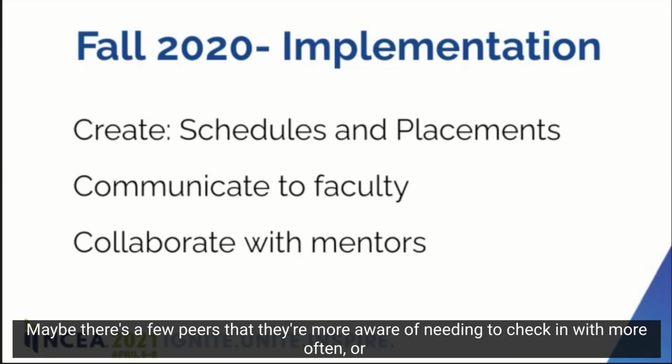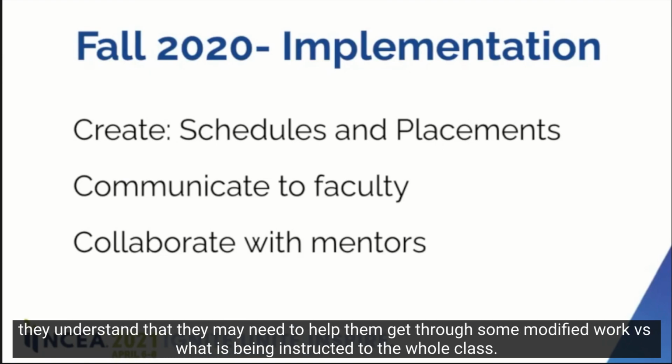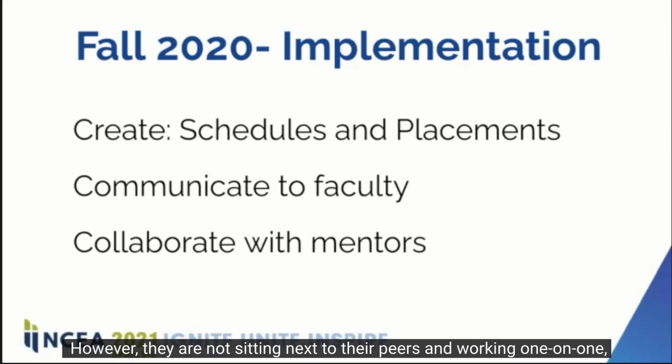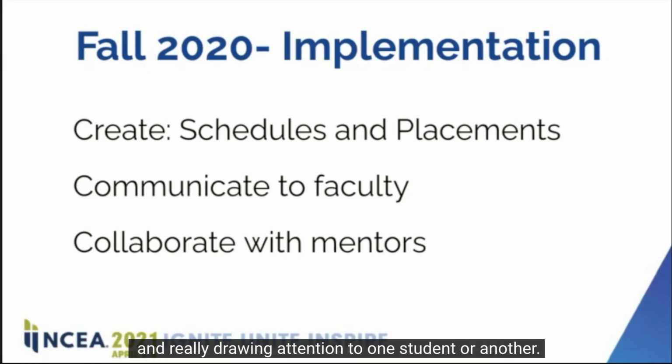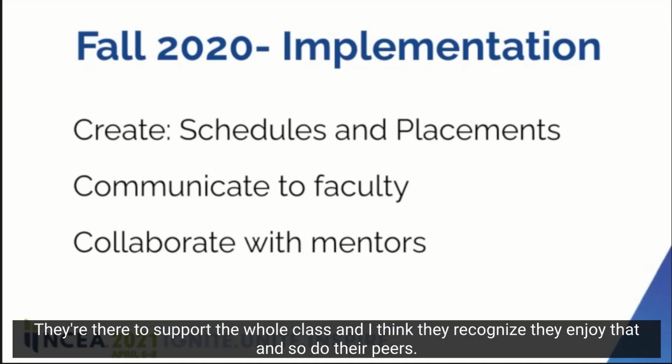Maybe there are a few they're more aware of needing to check in with often, or who need help getting through some modified work versus what is being instructed to the whole class. However, we're not sitting next to our peers working one-on-one and drawing attention to one student or another. They're there to support the whole class, and I think they recognize that and enjoy that, and so do their peers.